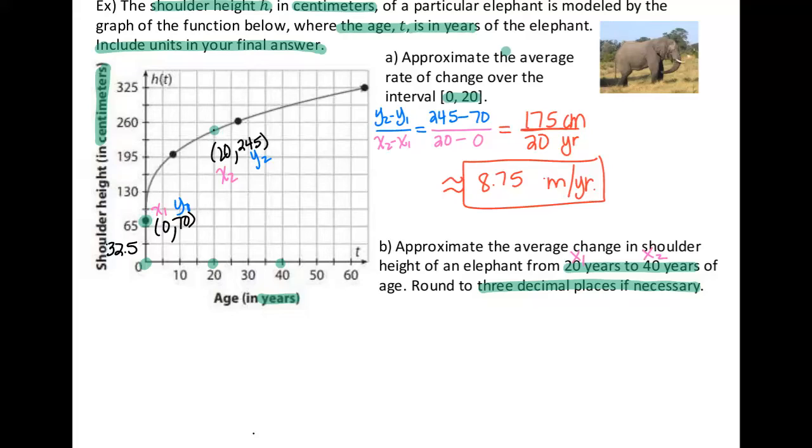So now I need to determine my 40, which is up here. This value, is that on the line or below the line? At the 40, what do you guys think? It's right below the line, right? You guys told me the scale is 32.5.